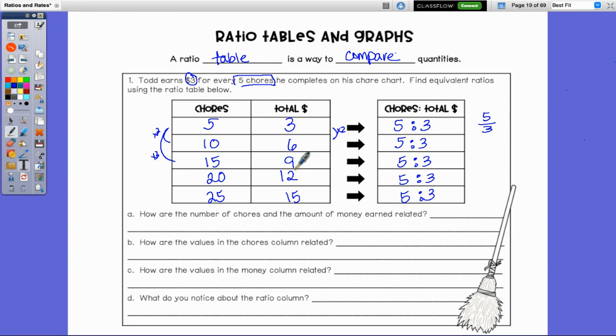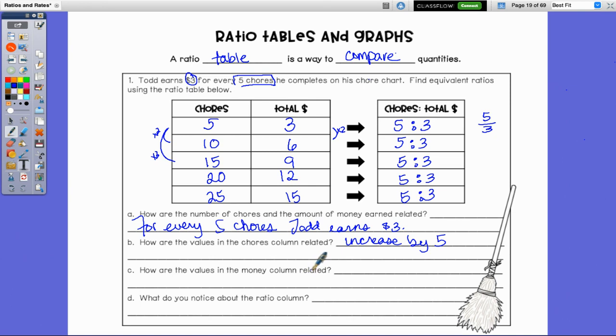How are the number of chores and the amount of money earned related? Okay, and that's exactly what it says. For every 5 chores, Todd earns $3. How are the values in the chores column related? They all increase by 5.